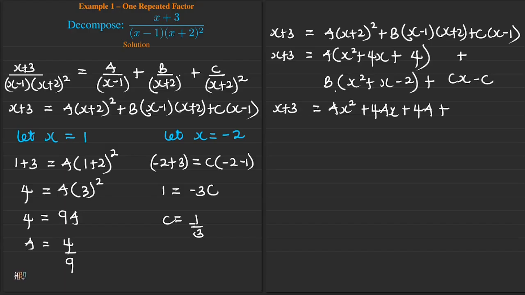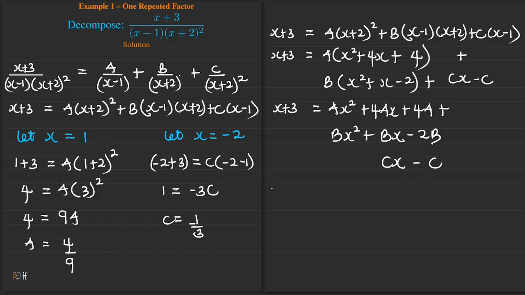Then plus that of the b: b times x squared, then b times x gives us plus bx, and then b times negative 2 gives us minus 2b. Then for the constants, it just has cx minus c.